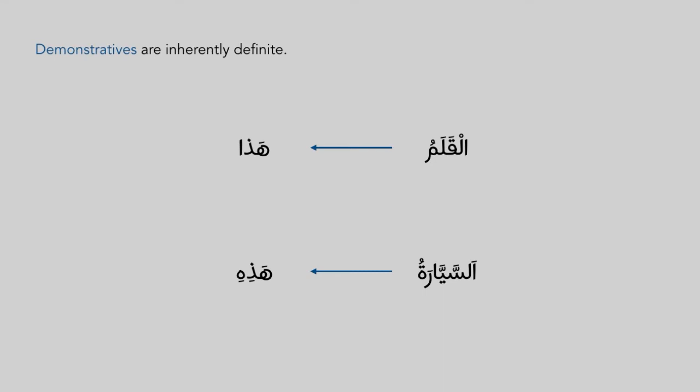It's not just a book. It's this book. So this, that and all demonstratives are inherently definite, when you're using them to refer to one thing or a specific group of things. It's definitely specific.